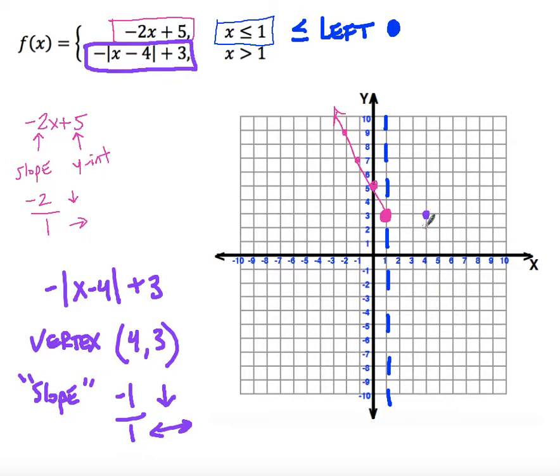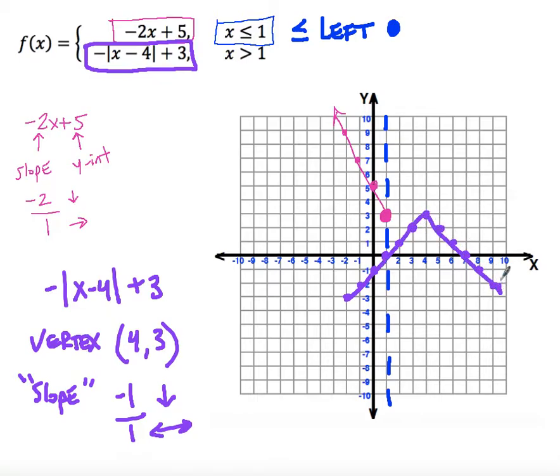So from my vertex, if I go down 1, over 1, or if I go down 1, over this other way 1, then I'm going to get my V shape. And I keep going down 1 over 1, and then I would go down 1 over 1 this way. Okay, so we got the general idea of this V shape, right? Connect the dots.